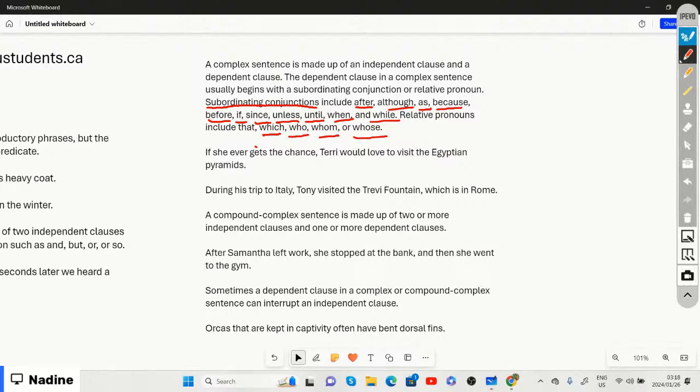So if she gets the chance, Terry would love to visit the Egyptian pyramids. And during his trip to Italy, Tony visited Trevi Fountain, which is in Rome.